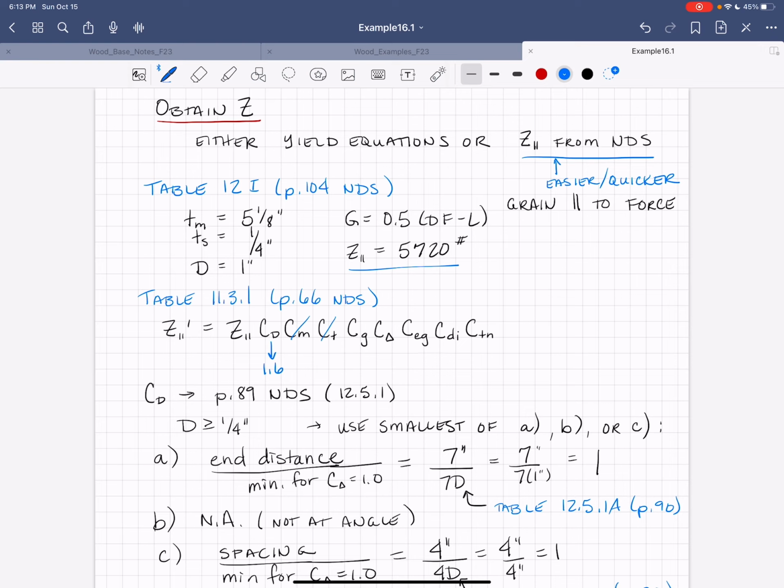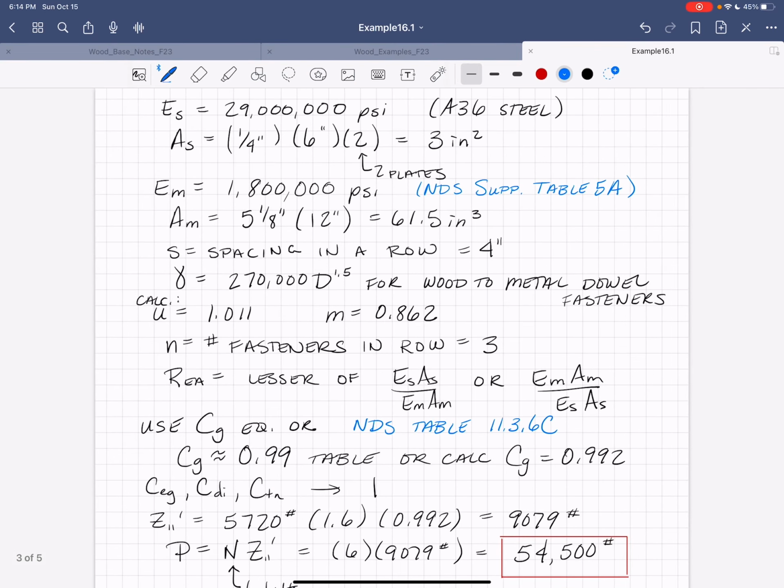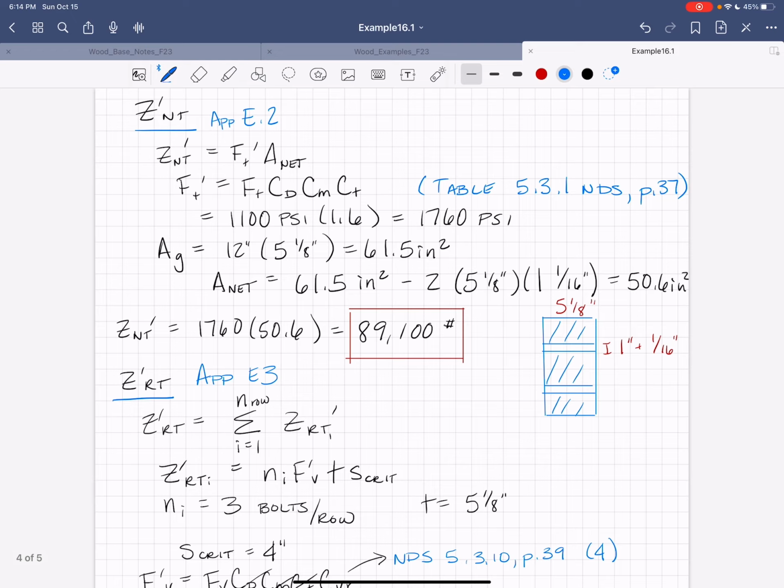Okay, so 11 is the general mechanical connections, 12 are the dowel type fasteners, and then Appendix E. When you look in your NDS code, you'll see A is all the appendices, and then those run A, B, C, D, E, F, G, etc. So you'll be in the appendix here, particularly appendix E. All right, so I'm just pointing that out here.